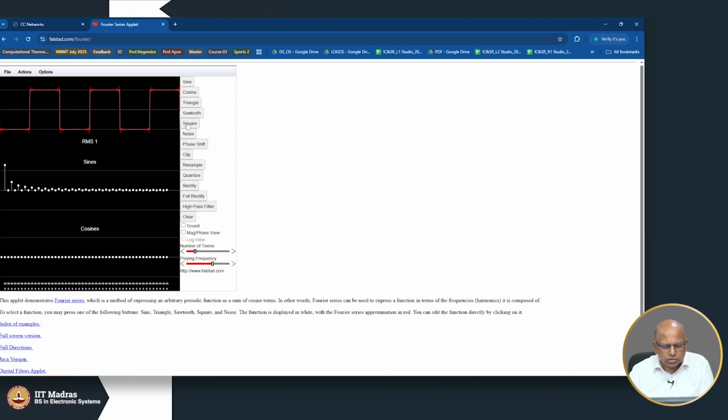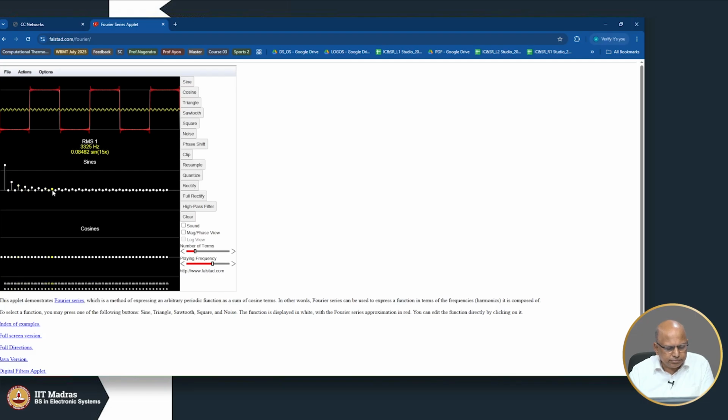So, the theory tells you that to create a square waveform from sines, you have to start with 1.27324 sin x or sin omega t. To that you have to add 0.4244 sin 3 times omega t, 0.25463 sin of 5 omega t, etc., etc. Right.